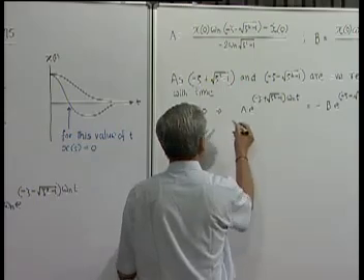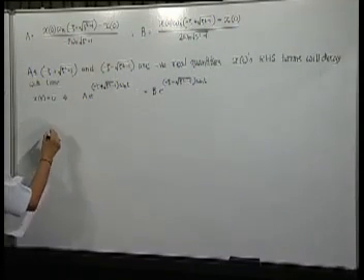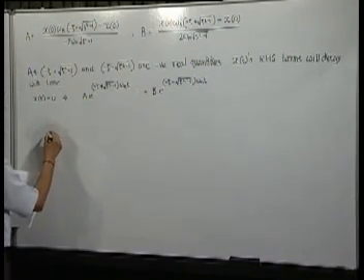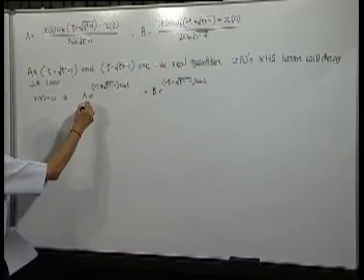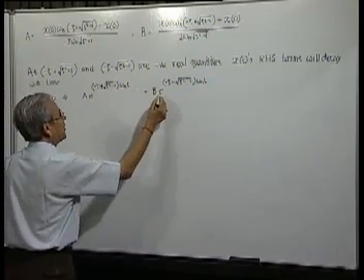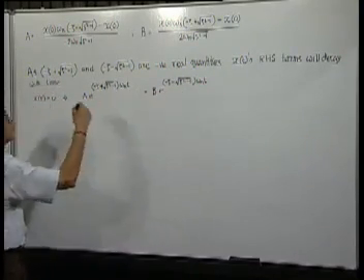Now, first of all, e to the power minus zeta omega n t will cancel from both sides.